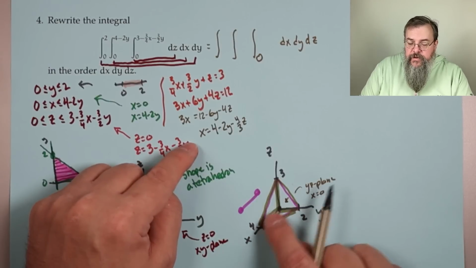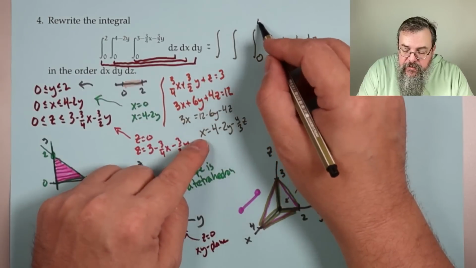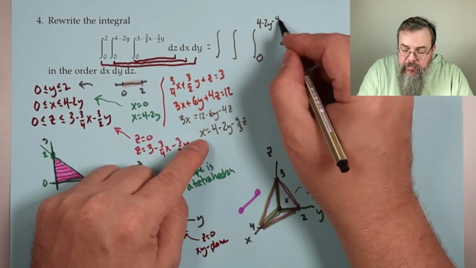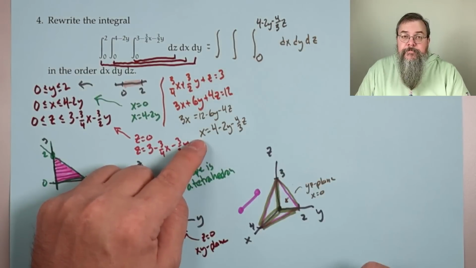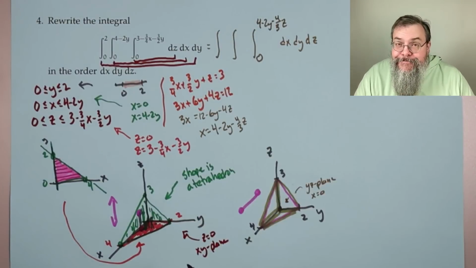That's where we're going to. That's the front face. So we're going to go from 0 to 4 minus 2y minus 4/3 z. Good. Now that handles our inner layer.